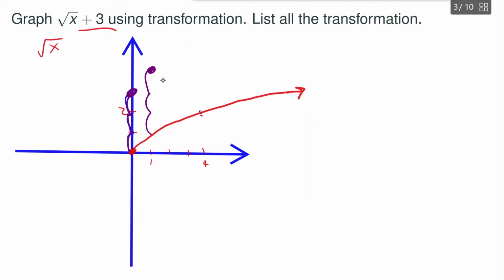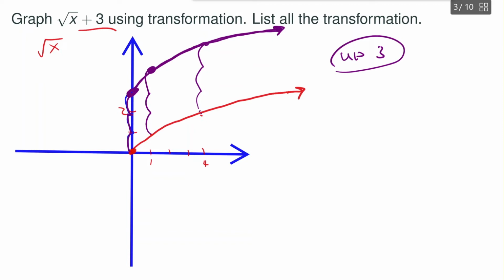So at 2, 1, 2, 3, like this. So your graph will look something like this. So the transformation is up 3, or we can write vertical shift 3. And the final graph is this one right here.